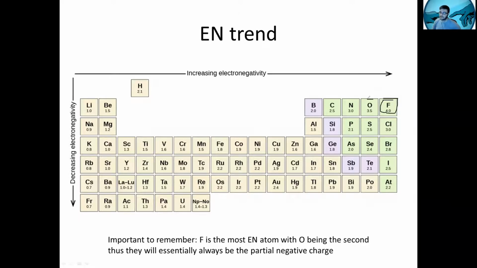Oxygen is the second highest at 3.5. So if you see oxygen or fluorine bonded with anything else, they'll always have the partial negative end. You can see here hydrogen is kind of close to carbon. It's a little bit different, but not enough to make a polar difference. Whereas carbon and oxygen is enough, carbon and Cl, carbon and nitrogen, whatever.